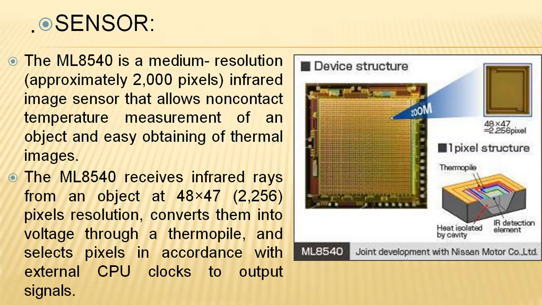That allows non-contact temperature measurement, particularly in the case of objects which emit heat, which we normally call thermal images. This receives the infrared rays from that particular object at a range of 2256 pixels of its resolution.